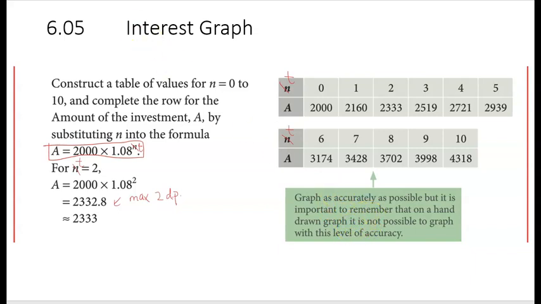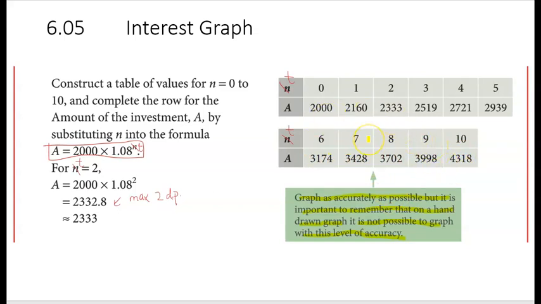So that's why I put a remark over here: graph as accurately as possible, but it's important to remember that on a hand drawn graph, it's not possible to graph with this level of accuracy. Impossible. In your graph you show exactly 2 decimal places? That is too much already. So you just have to round to the nearest dollar. That'll be enough, the nearest value. So that's how I get it.